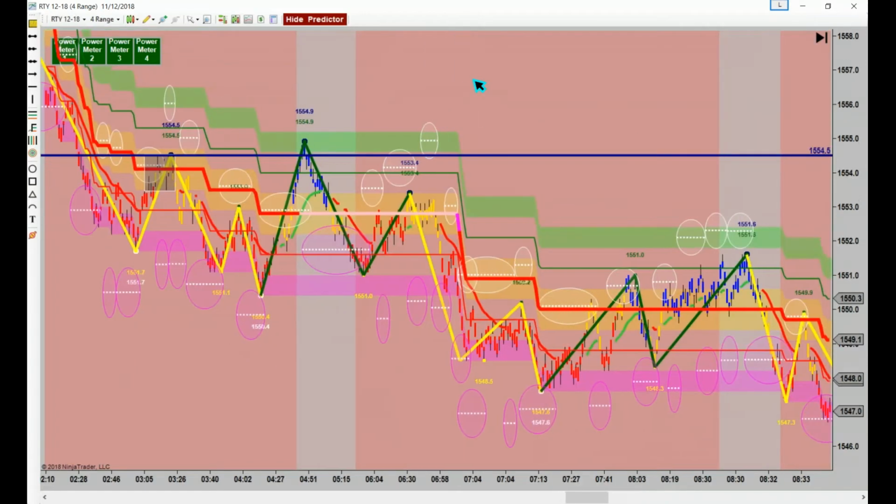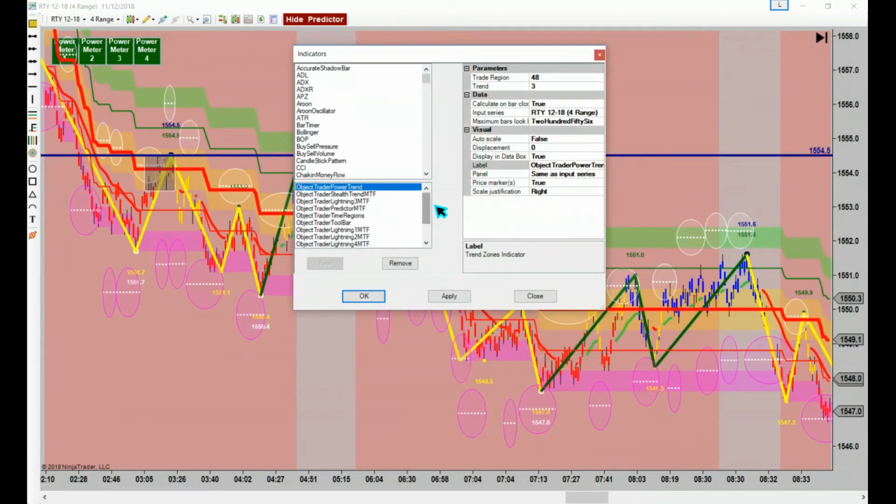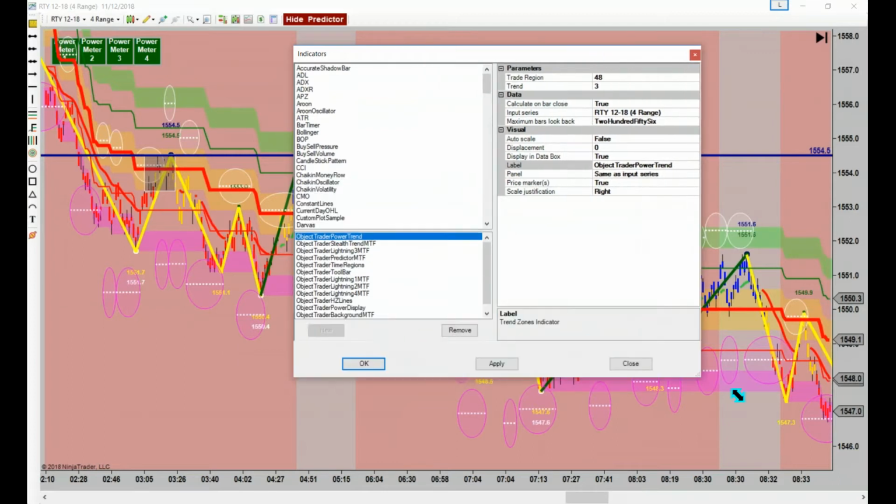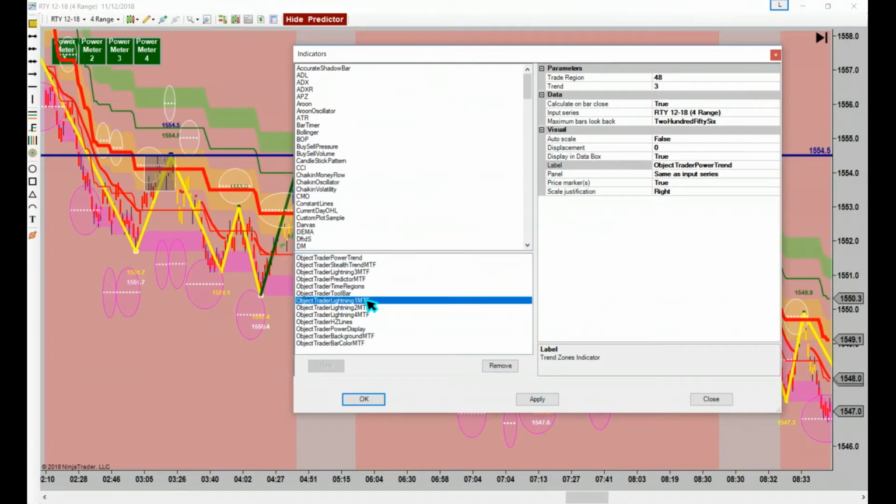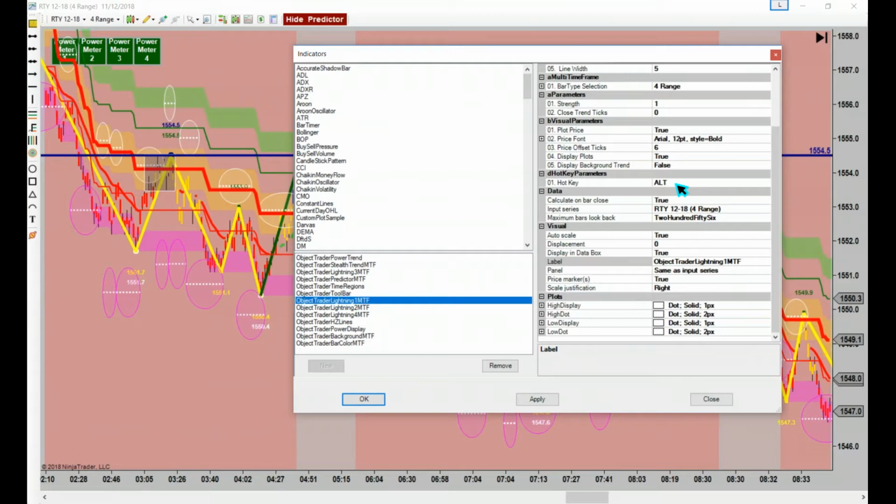And Greg, real quick on your question on shortcuts, be sure and look at your indicators on your chart because they all have hotkeys. Lightning 1 is the Alt key. Lightning 2 is Shift. Lightning 3 is Control key. And Lightning 4 is the backspace key.